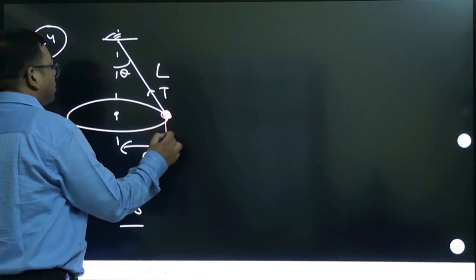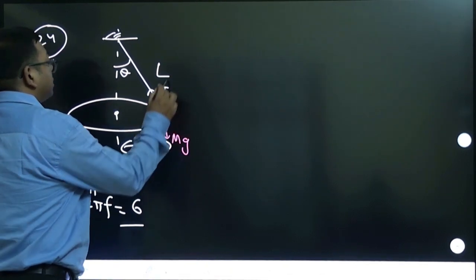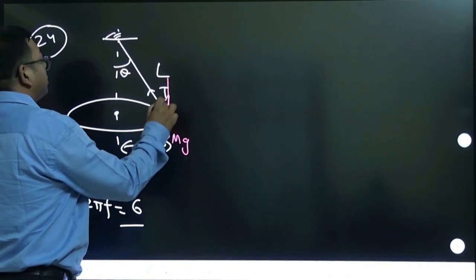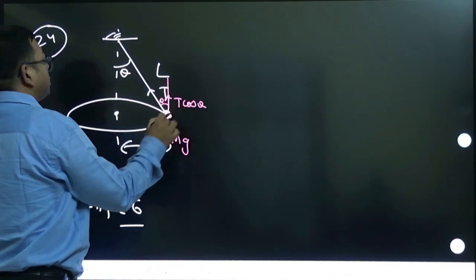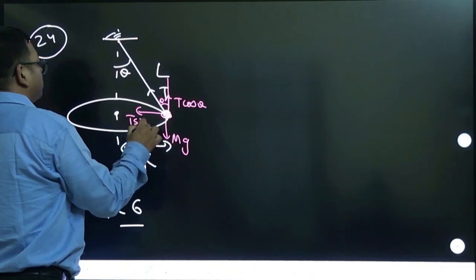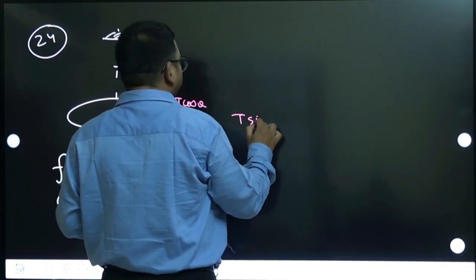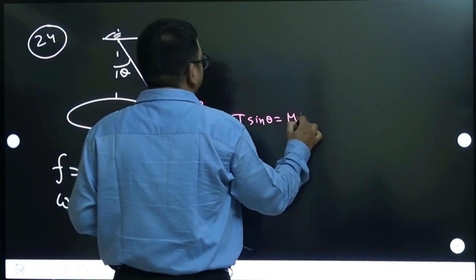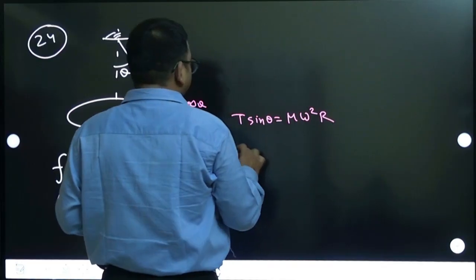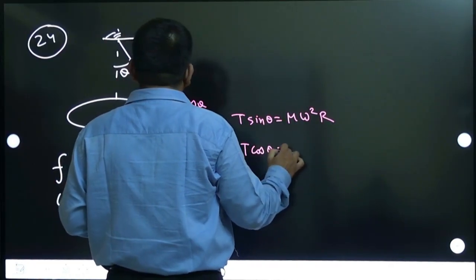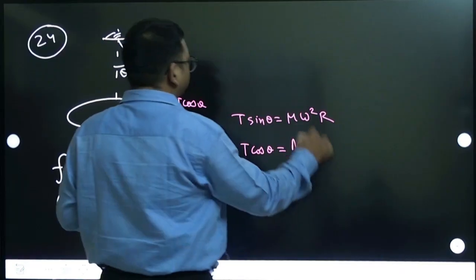So this mg will be acting like this, and this angle theta will be there. So there is tension cos theta and tension sin theta. The theta value they have not given. So tension sin theta is nothing but m omega square radius. Tension cos theta is equal to mg.